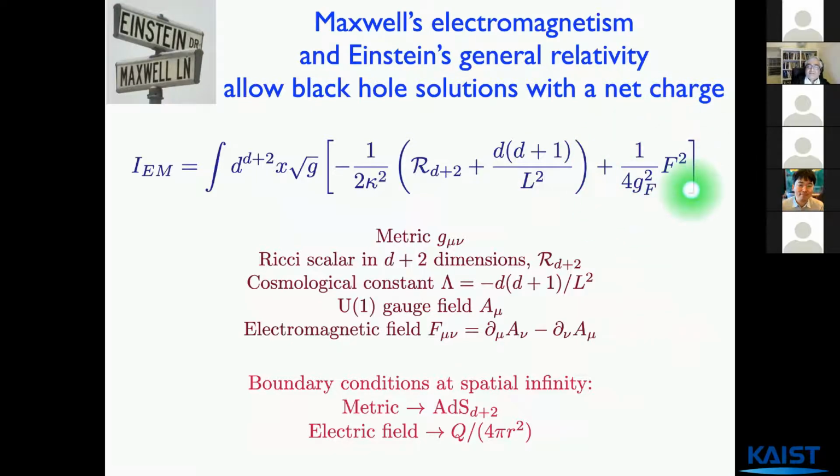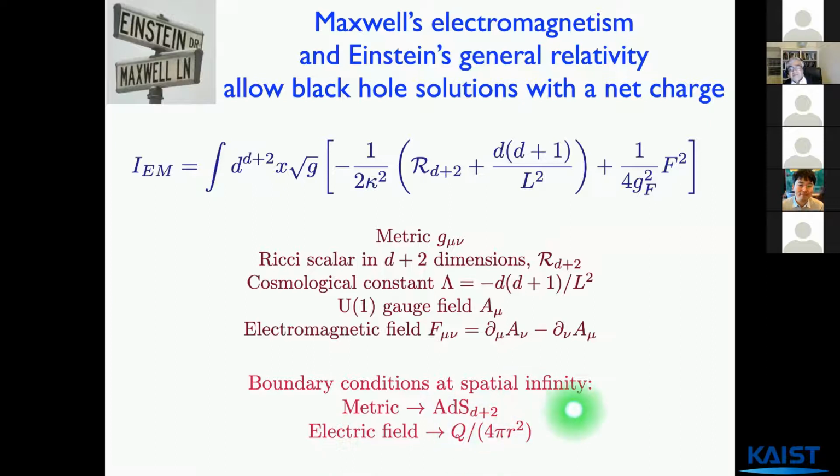Okay. So our degrees of freedom are the metric and the gauge field. And we now have to impose some boundary conditions. As you go out to infinity, the solution is just the AdS solution, which you get with a negative cosmological constant. So it's almost like Minkowski space as the curvature length L goes to infinity.